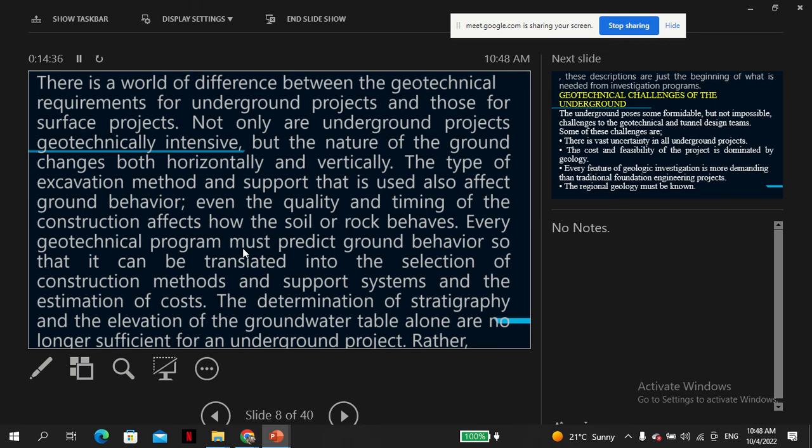There is a world of difference between geotechnical requirements for underground projects and those of surface projects. I think this cannot be overemphasized. And I will say this again: the experience is important. It's not only the knowledge that is important, but the experience, because you may have the knowledge, but the experience is important.